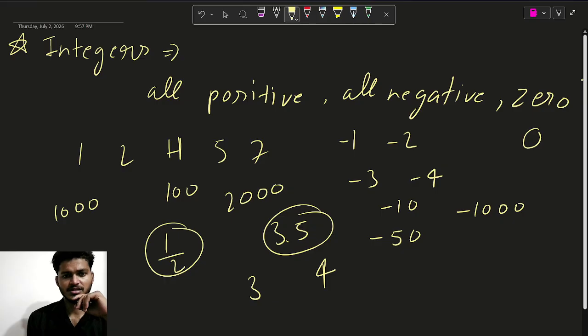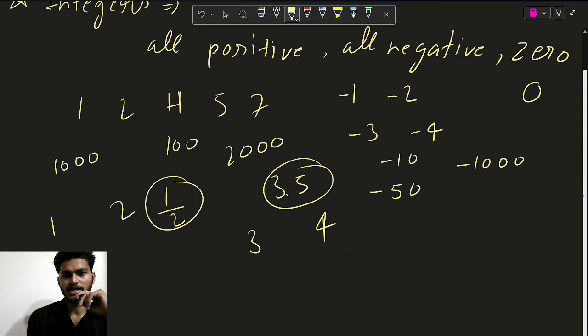There is no integer in between 3 and 4. Either 1 is an integer, or 2 is an integer. There are no integers in between 1 and 2. This should be understood.